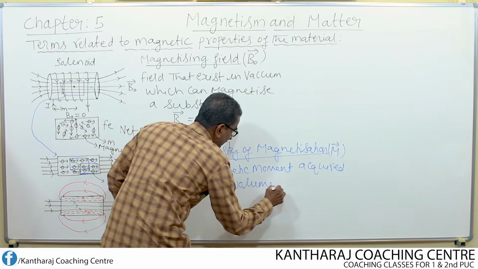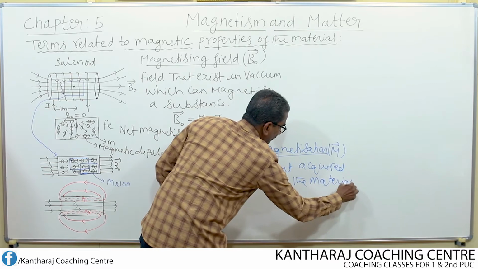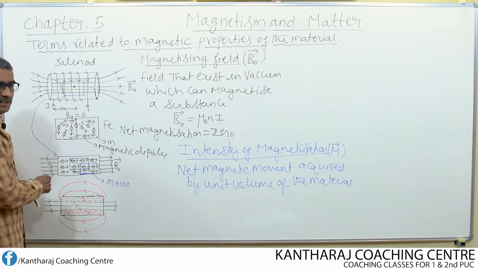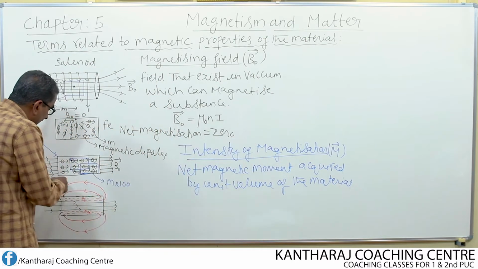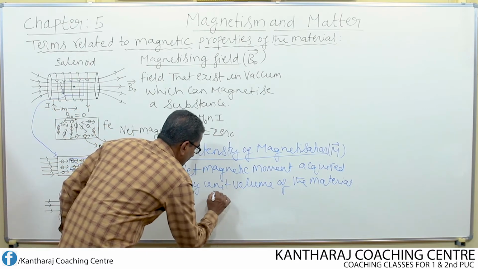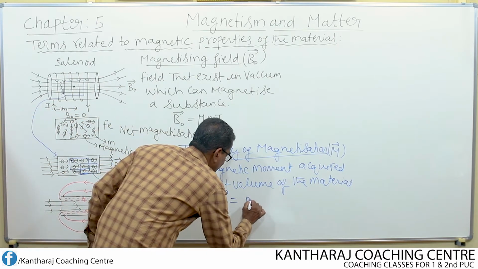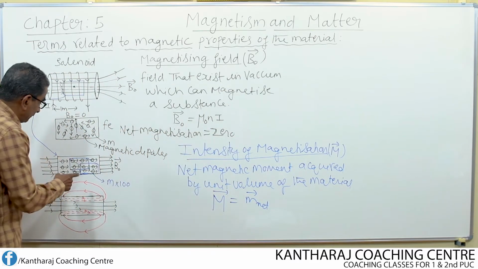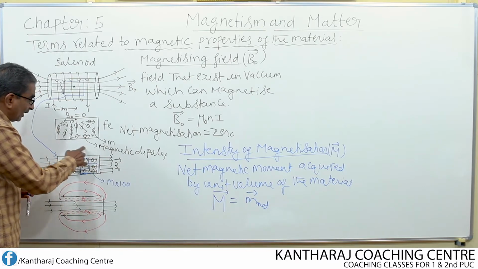of the material. Okay. Now suppose I consider the entire volume of the material, then what is the intensity of magnetization of this entire material? For that I write like this: M, which is nothing but intensity of magnetization, is equal to M net. M net means the total magnetic dipole moment of all the dipoles present in the entire volume of the material.